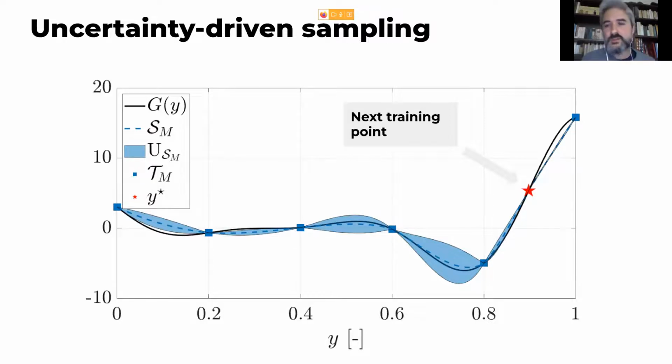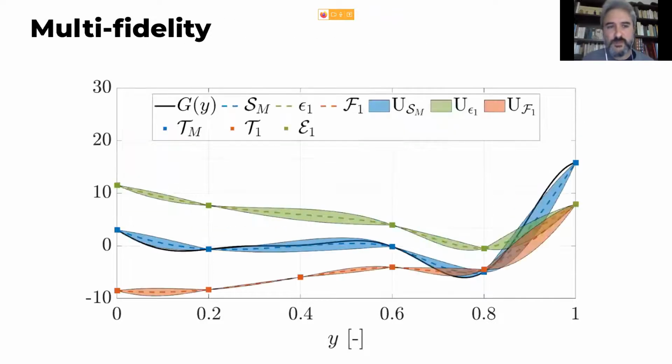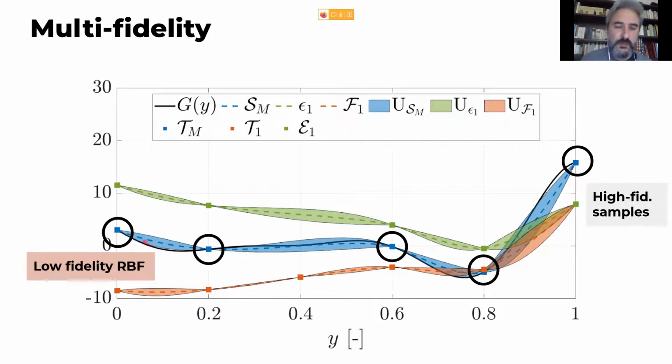Once you know how to do a single fidelity, you can also do a multi-fidelity approach by stacking up multiple surrogate models with a telescopic sum. You build a surrogate model for the lower fidelity, this would be the red one. Then you would query the higher fidelity over a lower number of points.